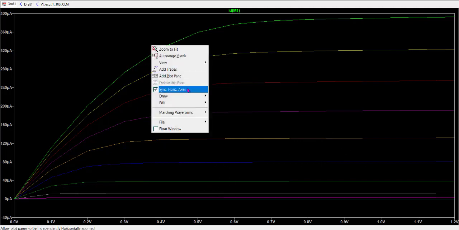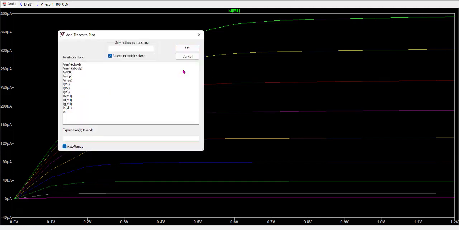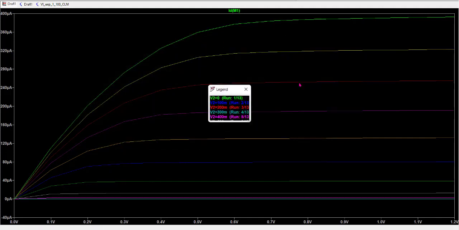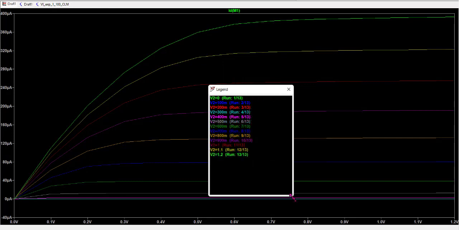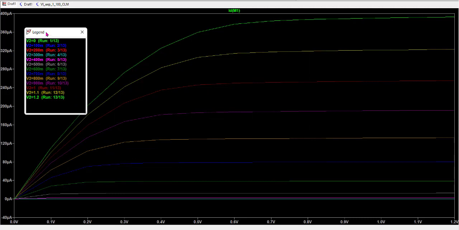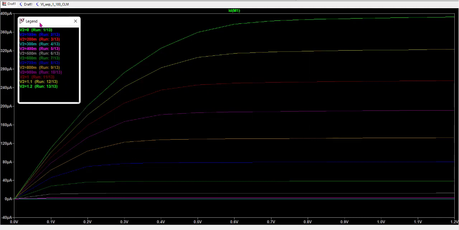So here also I'll plot the legends. Sorry, not traces, I'll add the legend: view, step legend. Yeah. So now you see for different values of VGS. When VGS is 0, what is the trace coming?